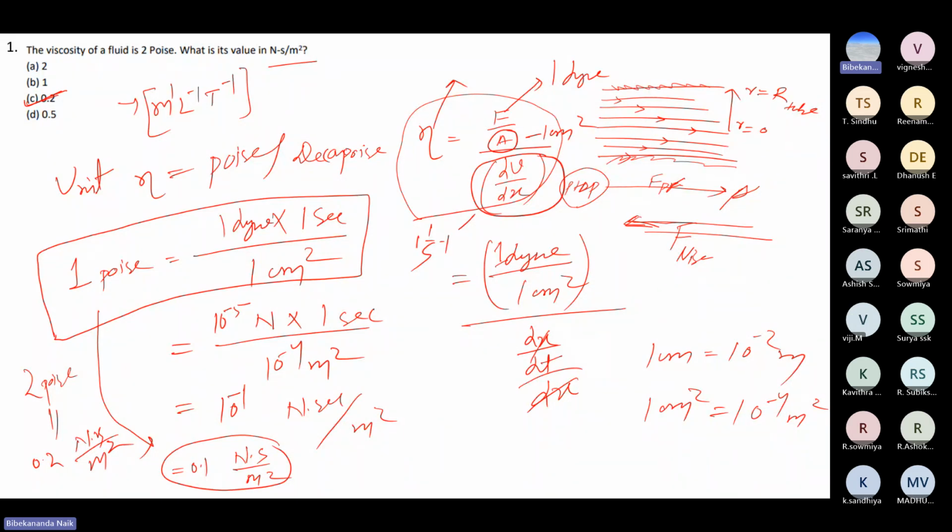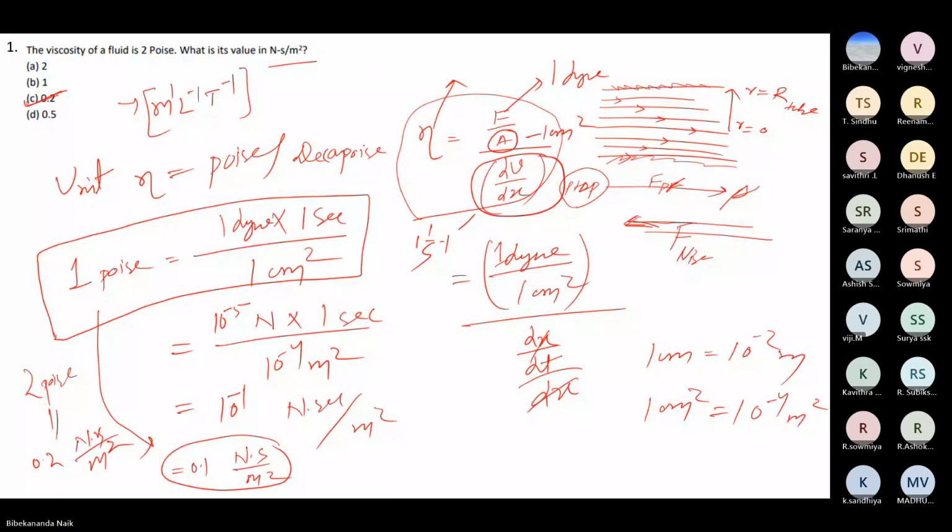According to the definition of coefficient of viscosity, it is stress per velocity gradient. So if you take 1 poise unit, it will be 1 dyne divided by 1 centimeter square, and then divided by dV by dx. The dimension of dV by dx is time inverse.